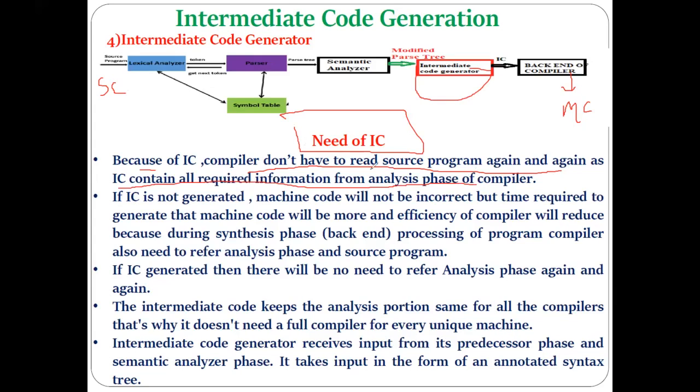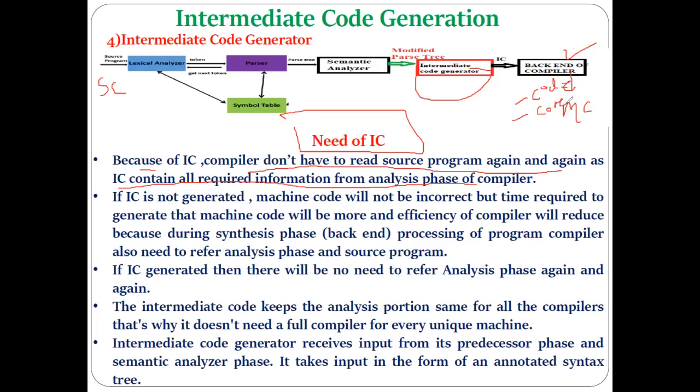Now what do you mean by the compiler not having to read the source program again and again? When will the compiler need to read the source program again and again? When processing of the source code happens in the back end of the compiler, here we have the code optimization phase and the code generation, that is the machine code generation.